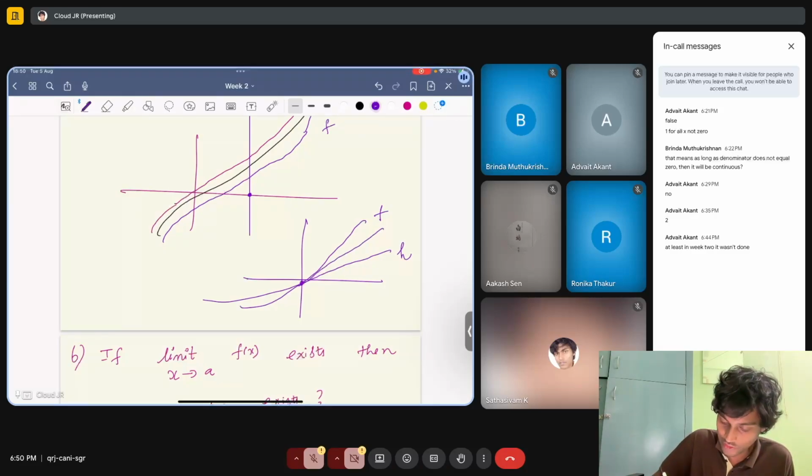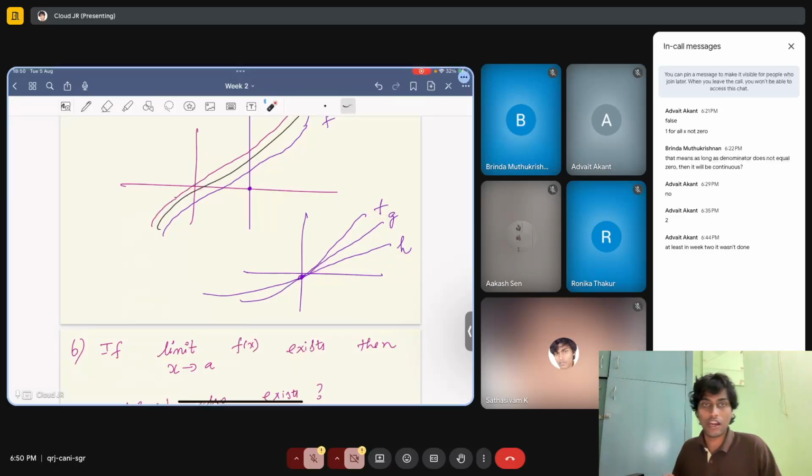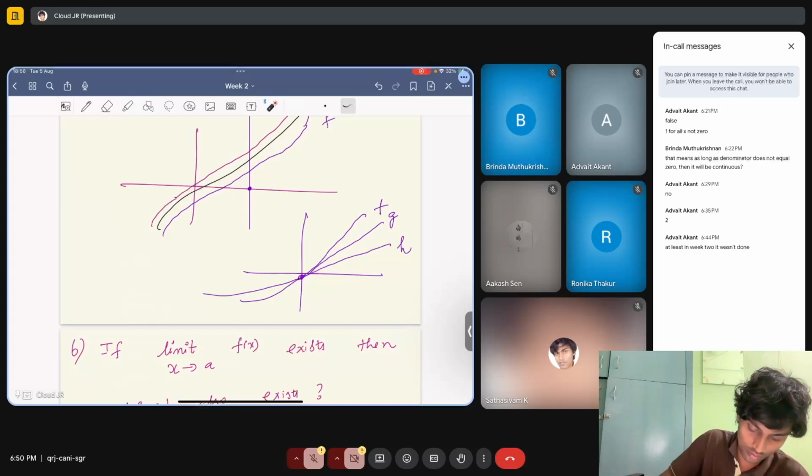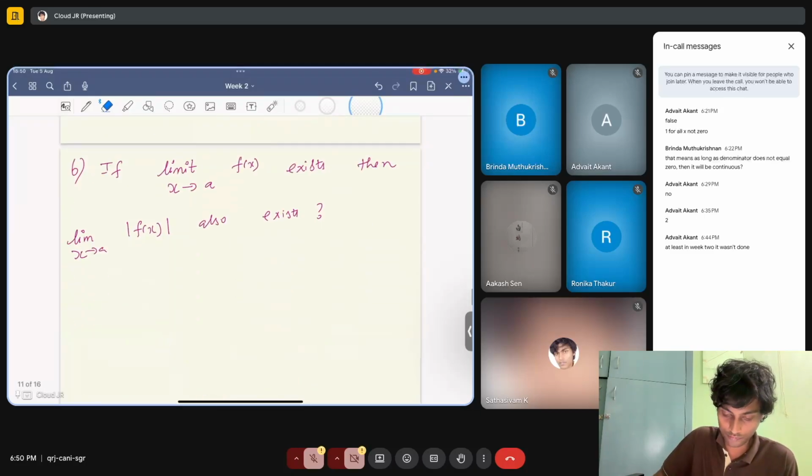So at this point, if you want to find the limit of g, you don't have to find the limit of g per se. You just have to find the limit of f and the limit of h. Okay, and then you can find it, and it will be very useful. But anyway, we will do it in the next class maybe. So right now we'll move on to the next question.